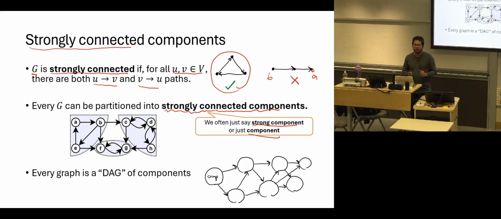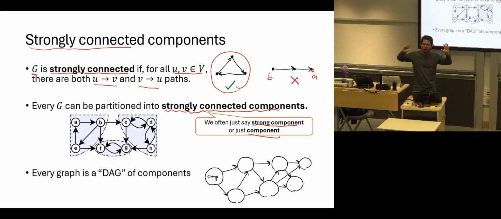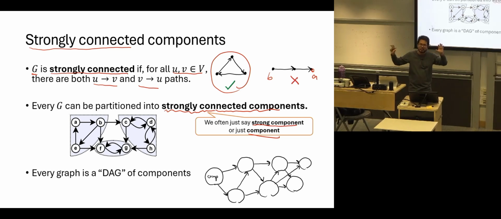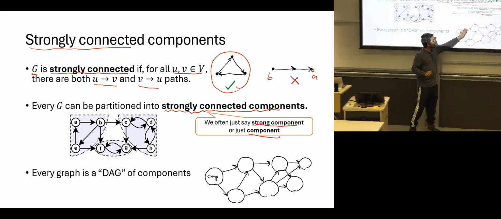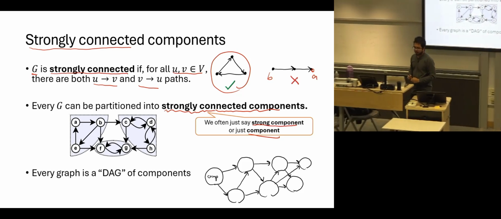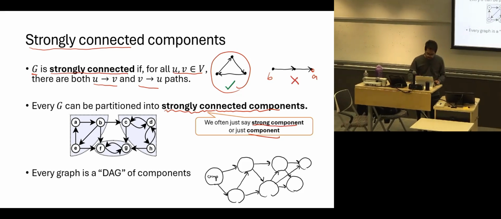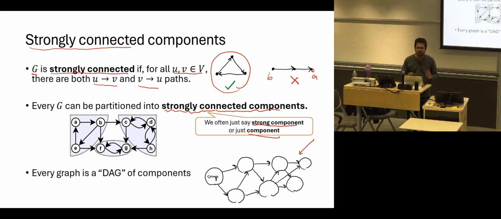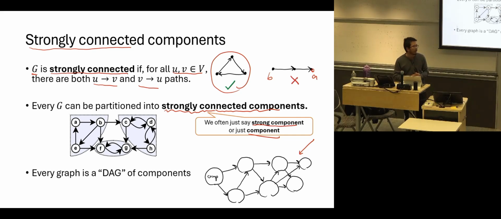An undirected graph is a collection of disjoint connected components, but a directed graph is a DAG of strong components. Have you seen this before? Just wondering. You have seen it before, right?